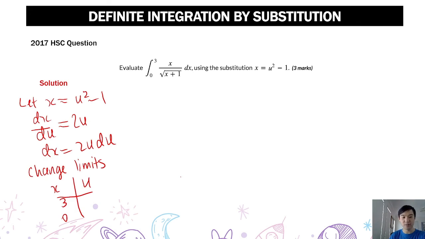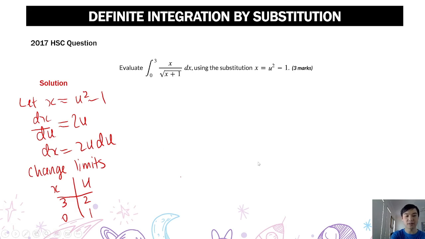What happens when x is equal to 0? u will become 1. So u would be plus or minus 1 normally, but for definite integrals you don't need to worry about doing plus or minus. You can just take the positive case, so it will just be 1. And when x equals 3, u squared will be 4, so therefore u will be 2. So our new limits are from 1 to 2.